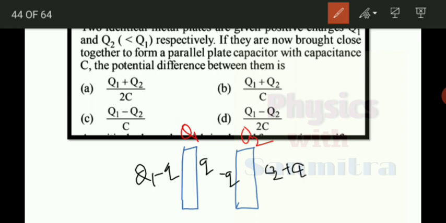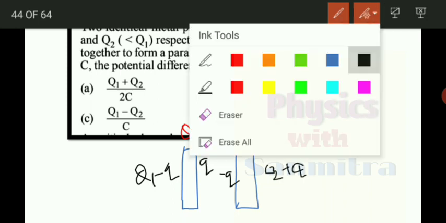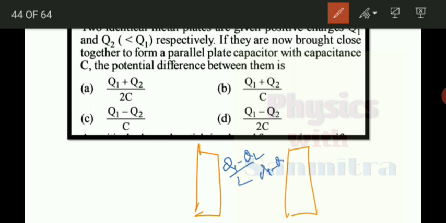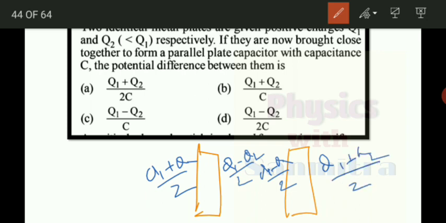Now if I solve this directly, the two inner charges will be equal, so this one will be Q1 minus Q2 by 2, and on the outside it will be Q1 plus Q2 by 2. And here it will be minus.